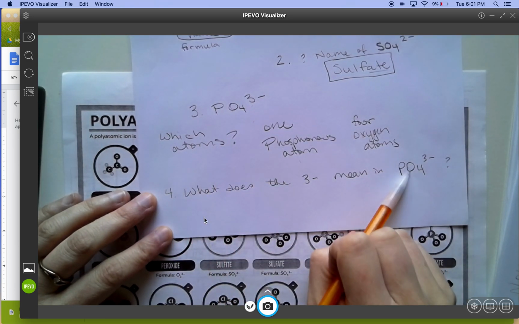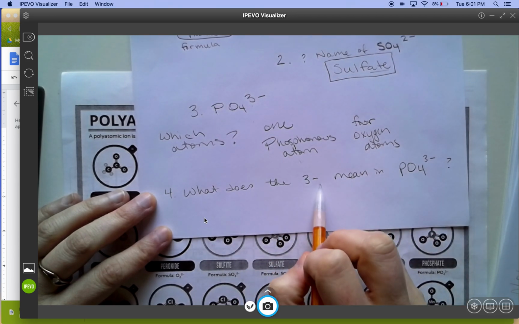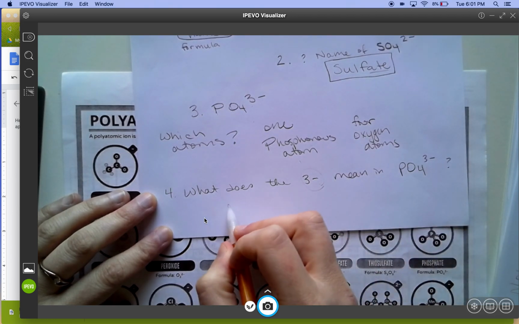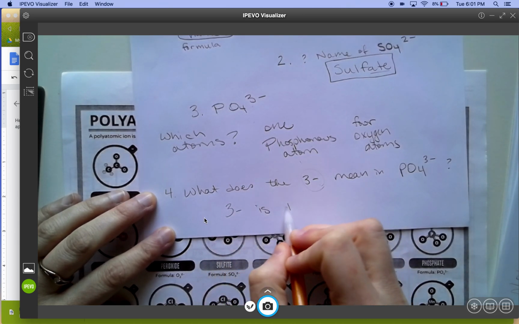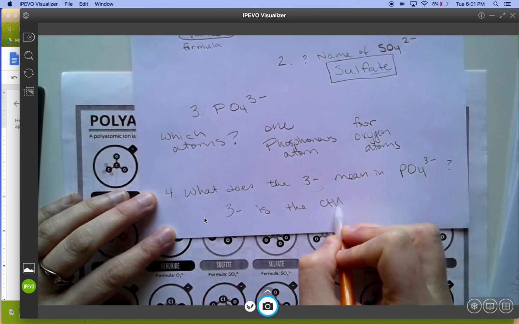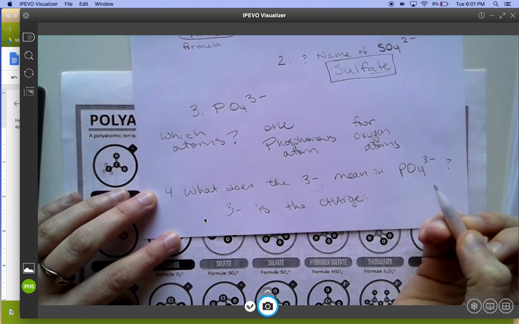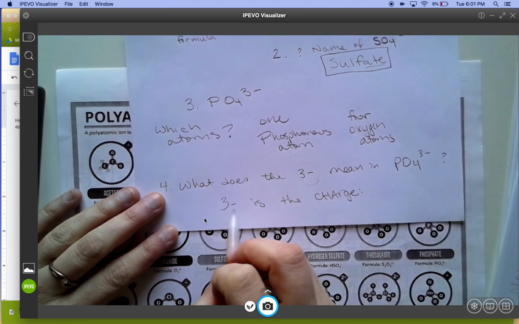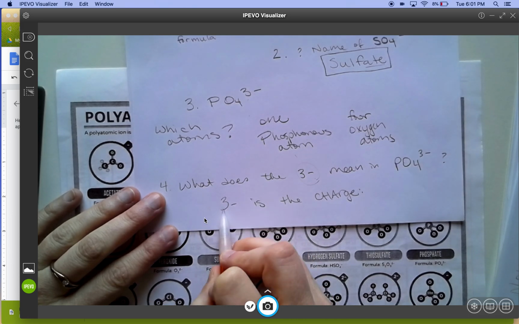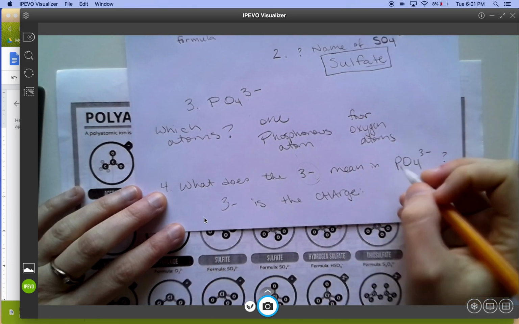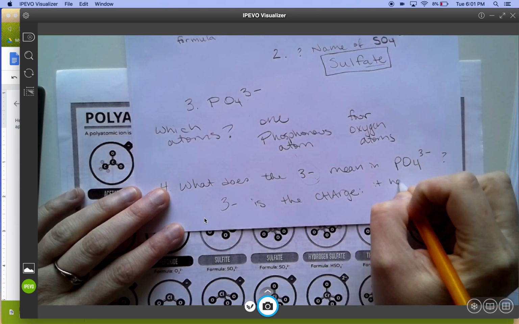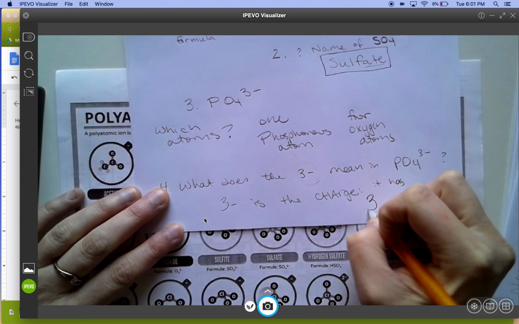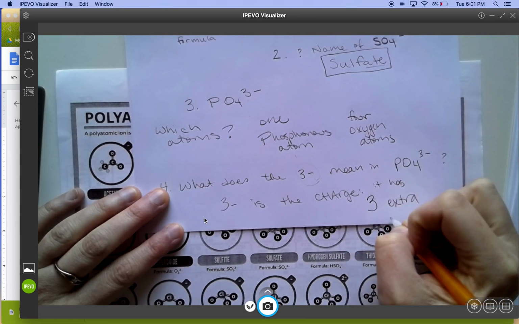The subscripts tell you how many. That 3 negative deal tells you the charge. So here we've got a negative charge. It has extra electrons. We've got a charge of 3. It has 3 extra electrons.